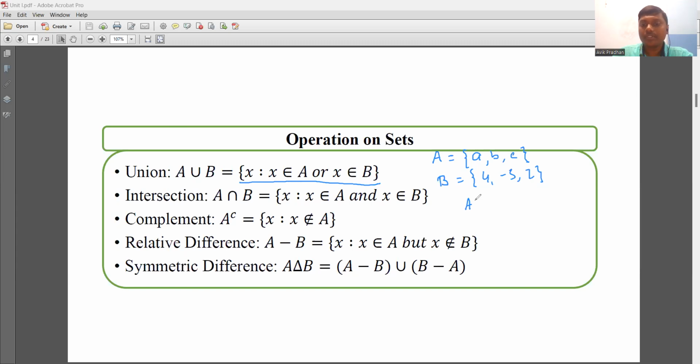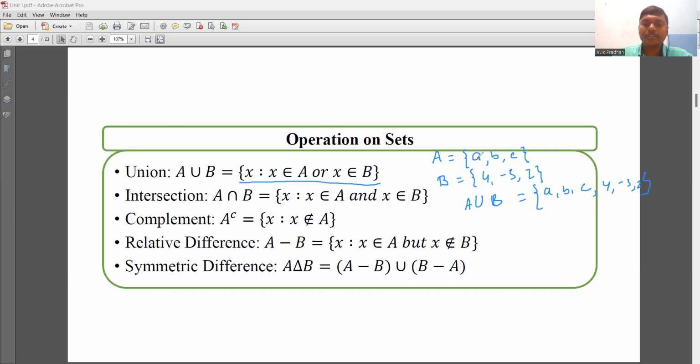A union B is equal to {a, b, c, 4, -3, 2}. That means all the elements from A and B.